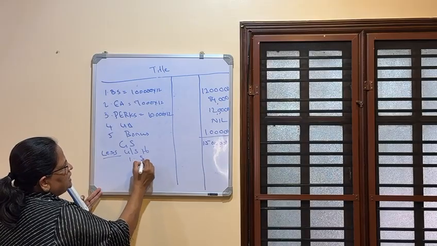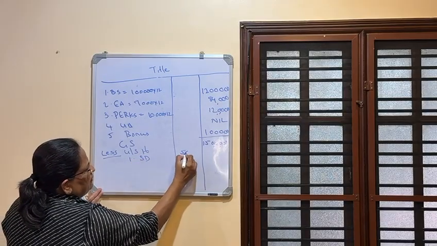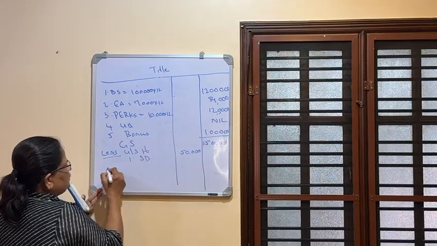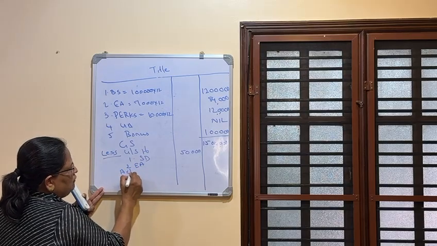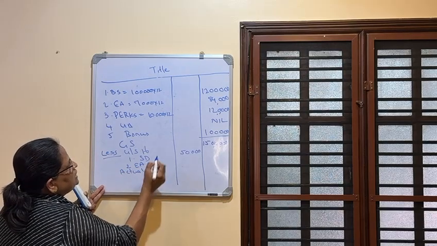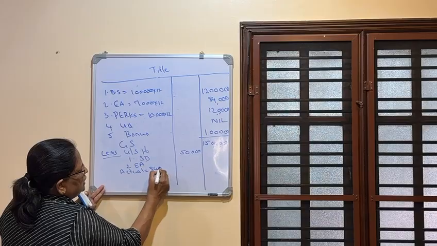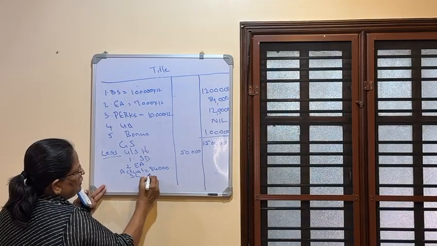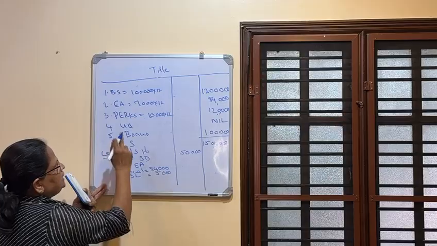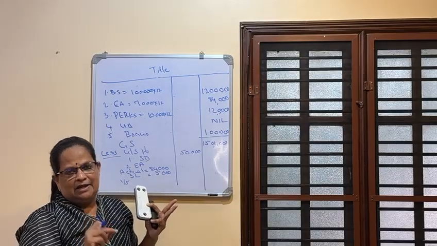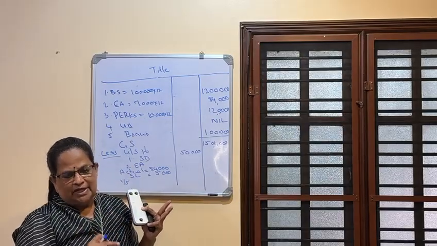First one is standard deduction. Since it's the old scheme, 50,000. Now second is entertainment allowance. The values: actual is equal to 84,000. Statutory limit 5,000. Now 1/5 of 90,000, because 1 lakh basic salary is inclusive of 10,000 DA.